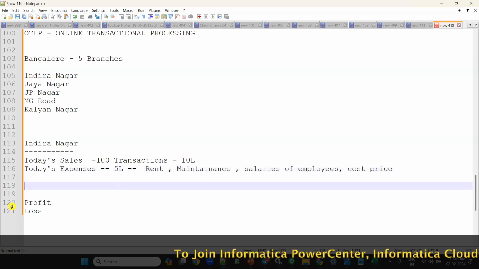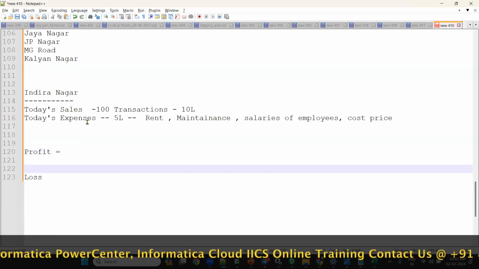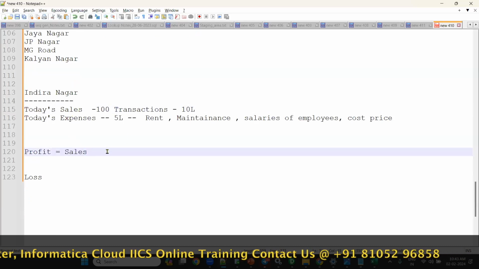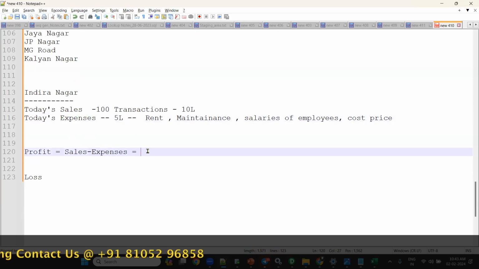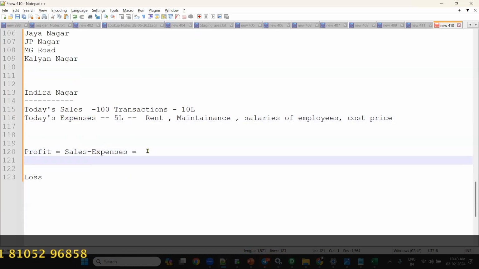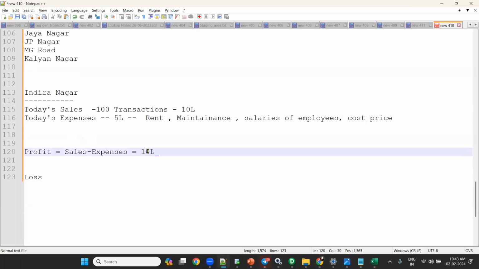So now what is profit equal to? Sales minus expenses, correct? That is 10 lakh minus 5 lakhs. How many lakhs? 5 lakh profit, correct? I got 5 lakh profit.